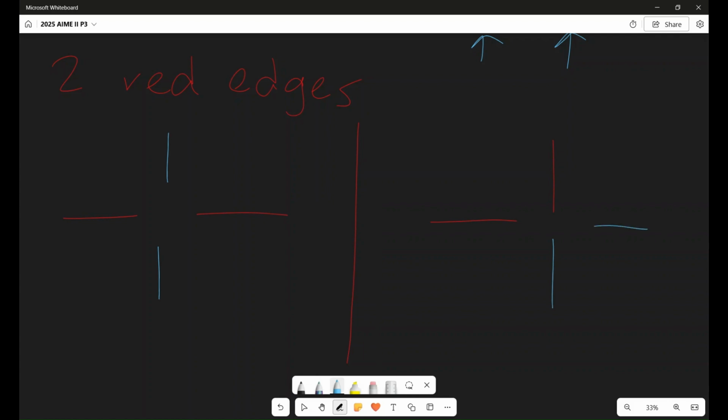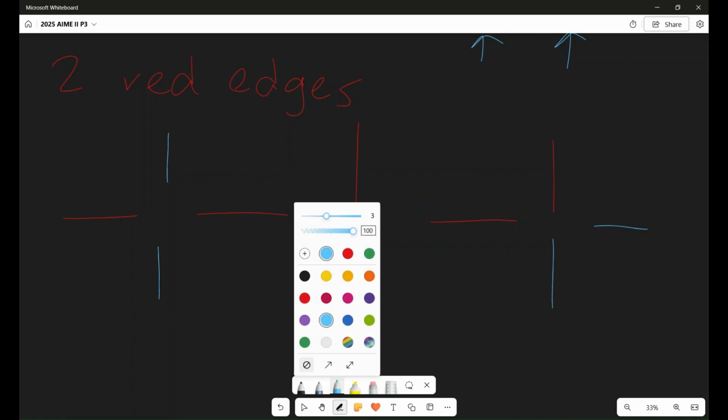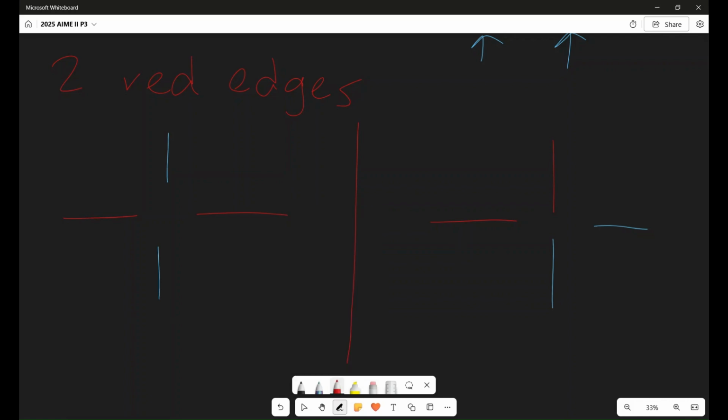Now, in this first subcase, where the red edges are opposite, each of the 4 squares has a choice. So one of the 2 outer edges for each of those squares has to be red, and the other one has to be blue. So for this, there's 2 to the 4th, which is 16 ways.